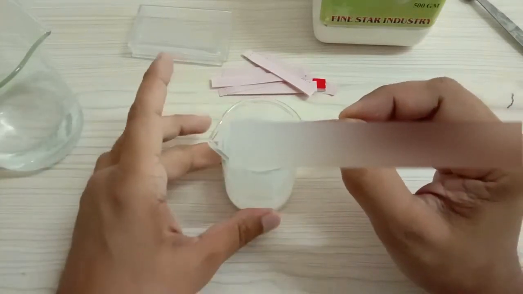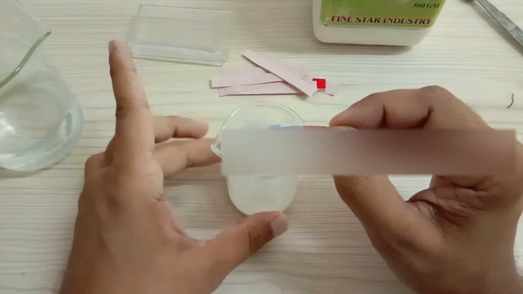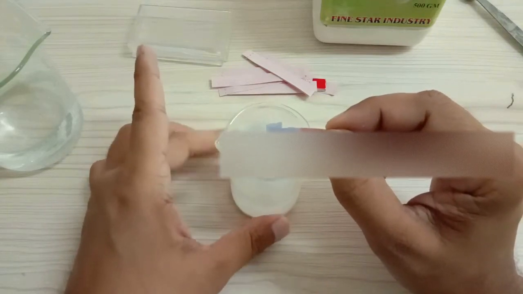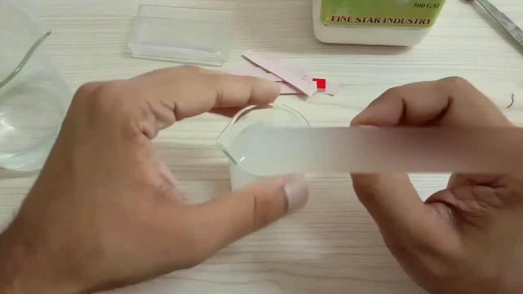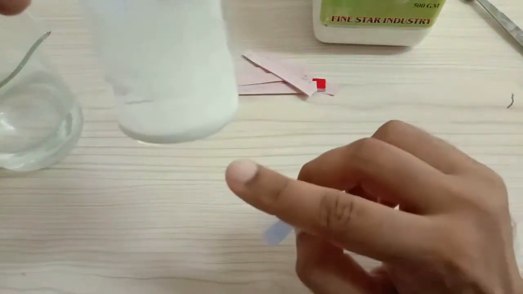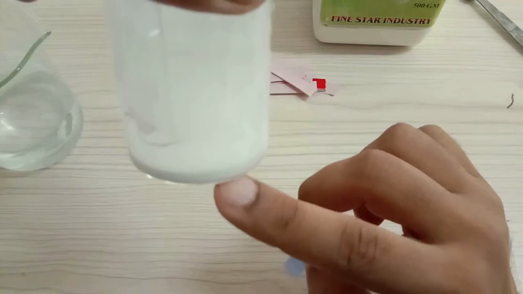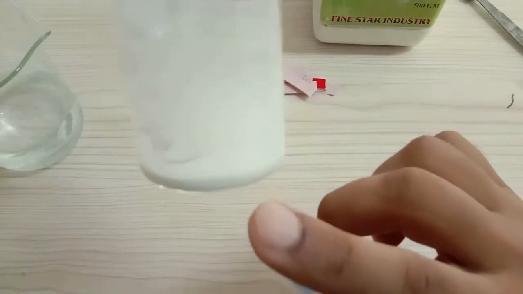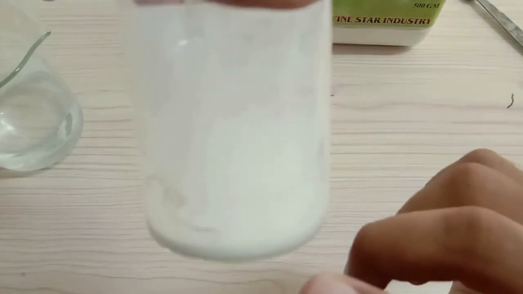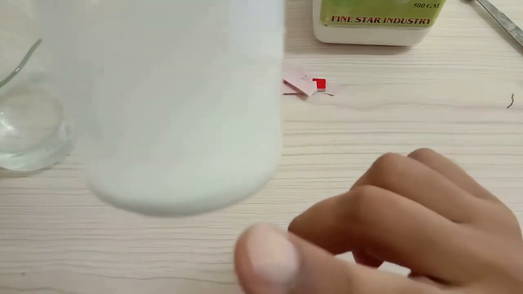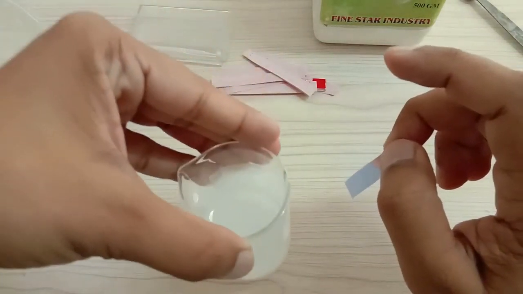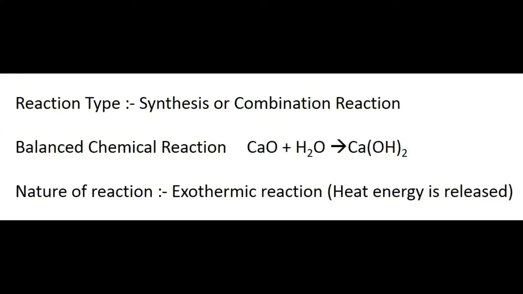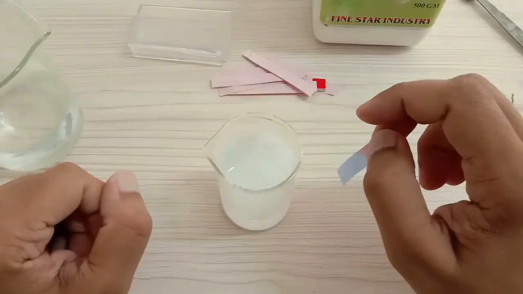So, we could understand that calcium hydroxide, which is a base, is formed as a result of dissolving calcium oxide in water. Of course, we could feel the heat because this reaction is a highly exothermic reaction. Yes. So now we could see the equation.